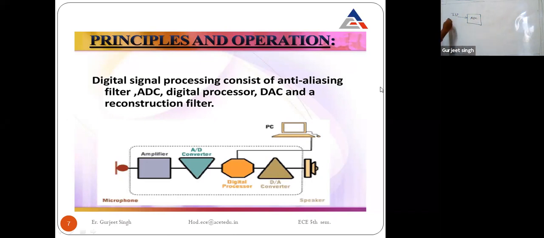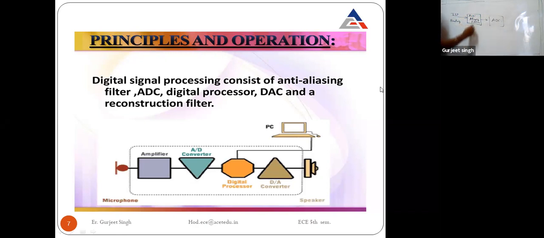This is the analog signal. It is saying that before you give the input signal to the ADC, you must apply one more device, that is the anti-aliasing filter. Then the signal goes to the ADC, the analog to digital converter.